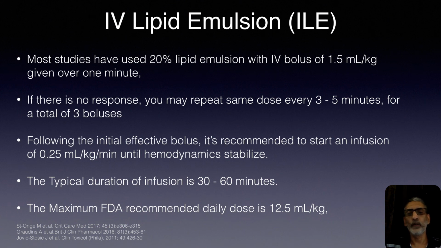Following the initial effective bolus dose, it's recommended to start the fat emulsion infusion at 0.25 ml per kg per minute until the patient gets hemodynamically stable. Typically the duration is usually half an hour to 1 hour. The maximum FDA recommended dose for fat emulsion is 12.5 ml per kg.